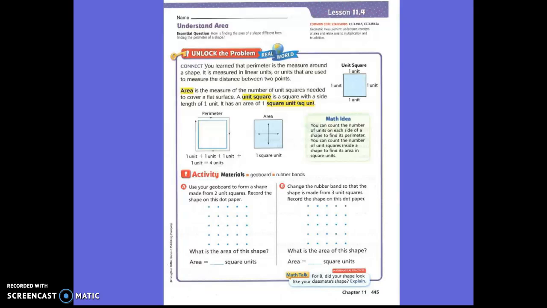When we did perimeter, we did the distance around an object, right? Area is inside the object. How many squares will go inside the object? Perimeter is the outside.